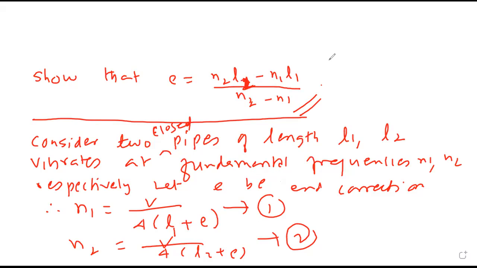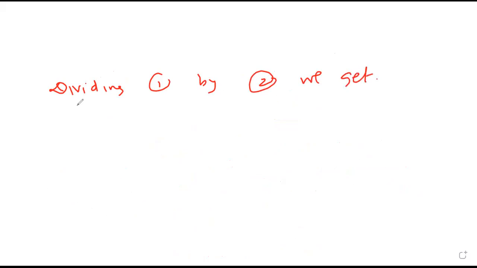Okay. So dividing 1 by 2, we get N1 upon N2 is L2 plus E upon L1 plus E.